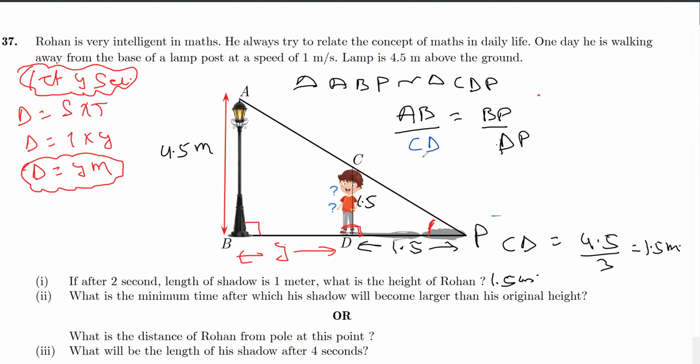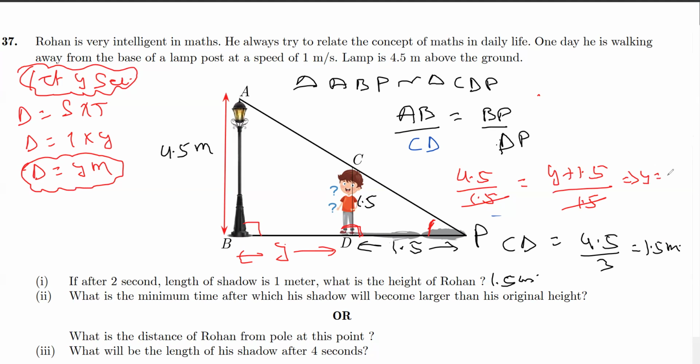Let's say AB, I'm replacing AB with its value, 4.5, and CD is 1.5, that is 4.5 over 1.5. BP is y plus 1.5, and DP is 1.5. So we can cancel this.